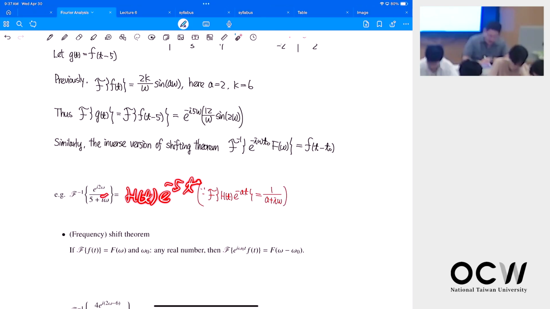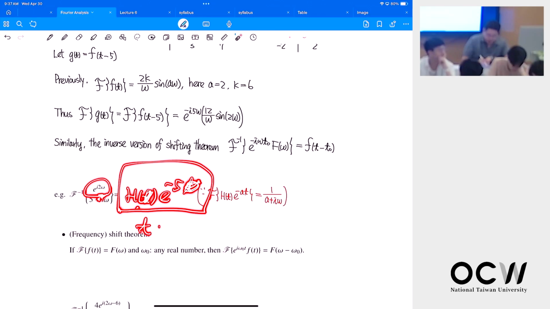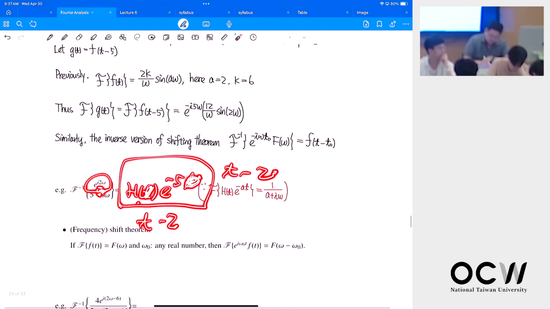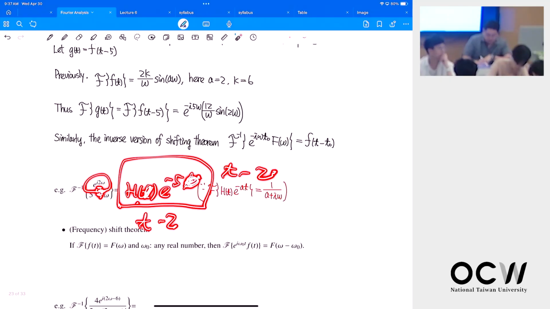But since I have a complex exponential in my frequency domain, that means in time domain I have a time shift. This is our function, and the time shift is by how much? Time shift by 2 to the right, so t becomes t minus 2. But here it is plus 2, so I shift to the left, and it will be t plus 2.